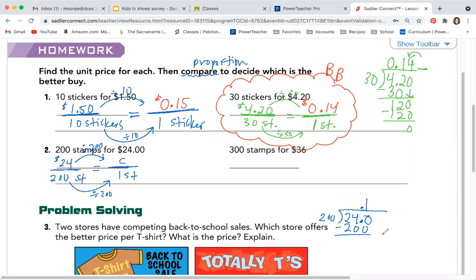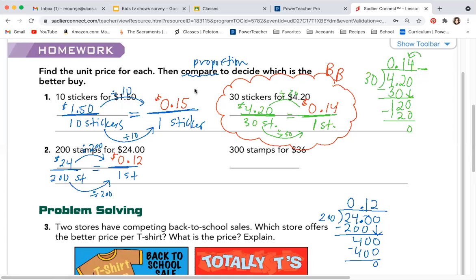All right, and I keep going. I need to add a 0 and keep it going. How many times does 200 go into 400? 2. Good job. And that'll take care of the whole dividend, right? So 12 cents. I'm going to erase my C here and put it in the C spot. It's going to be 12 cents.